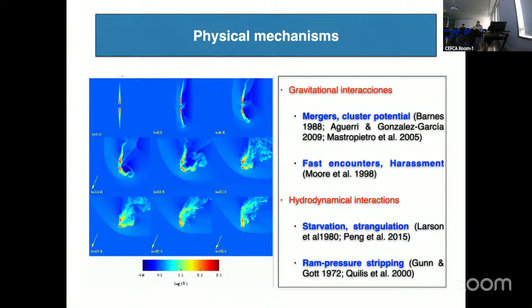Here I show you some pictures about gas stripping, in which this is a gas disk falling into the cluster. This is the direction of the infall, and you can see the perturbation of this gas, and the gas is swept out from the disk of the galaxy as it is falling into the cluster.